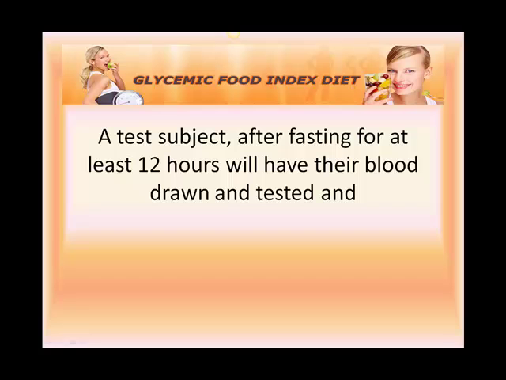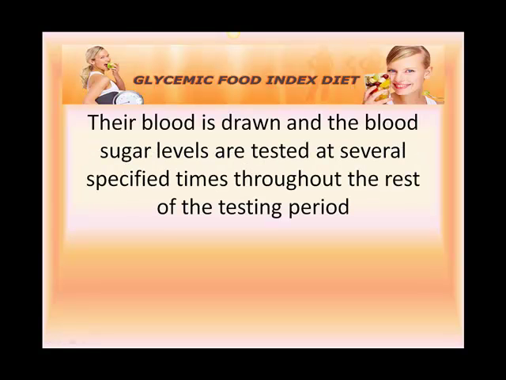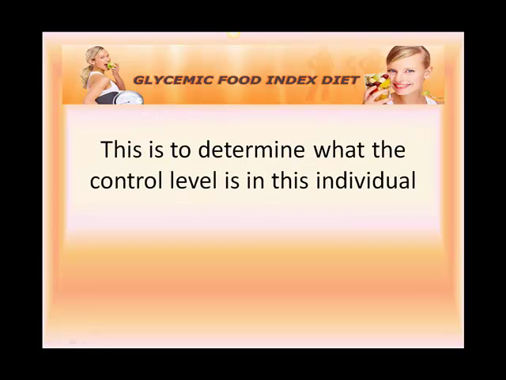A test subject, after fasting for at least 12 hours, will have their blood drawn and tested, and then is given a specified amount of glucose, usually 50 grams. Their blood is drawn and the blood sugar levels are tested at several specified times throughout the rest of the testing period. This is to determine what the control level is in this individual.